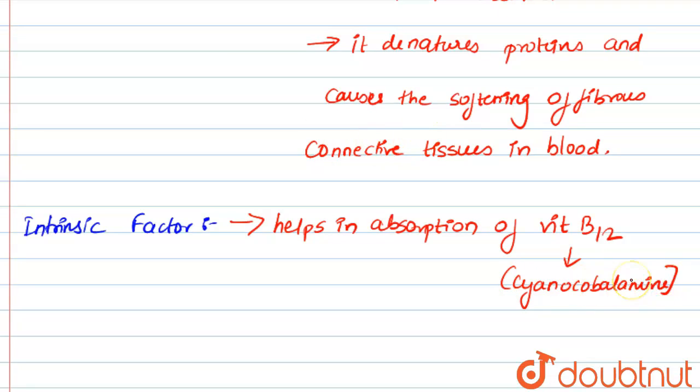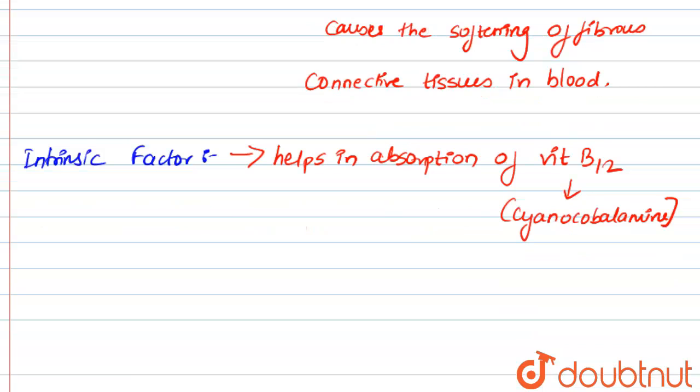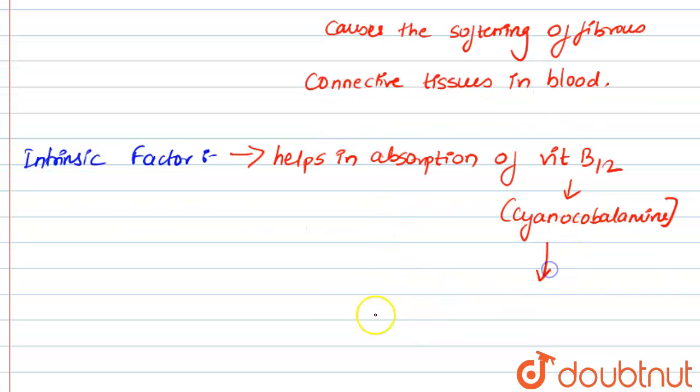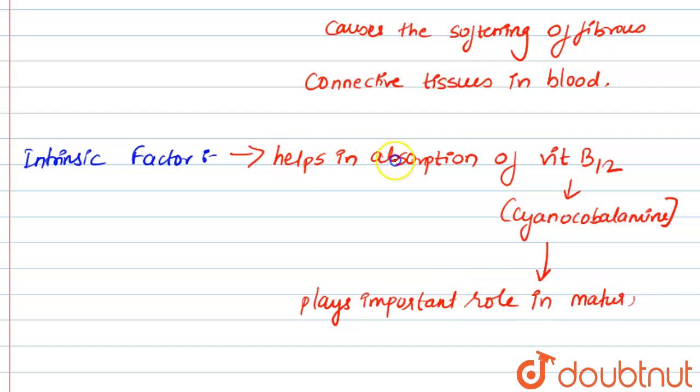This vitamin is very important in the maturation of RBCs. It plays a very important role in the maturation of RBCs. Alright, so this intrinsic factor is helping in the absorption of vitamin B12, and this vitamin B12 is in turn playing a role in the maturation of RBCs.